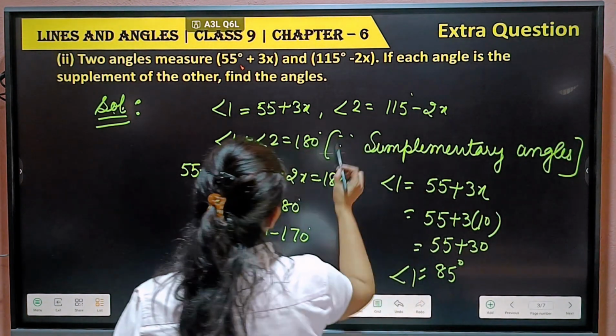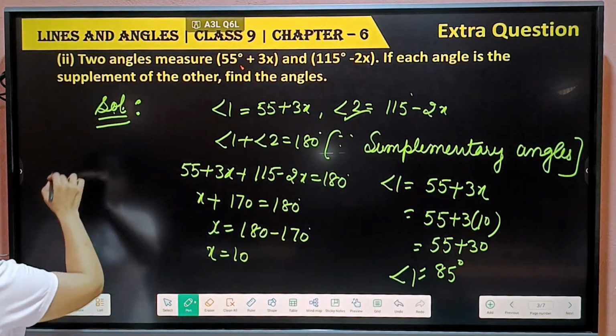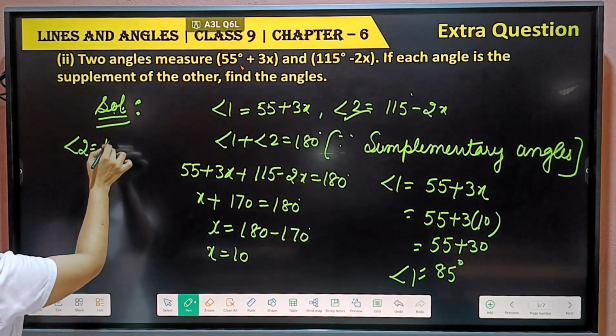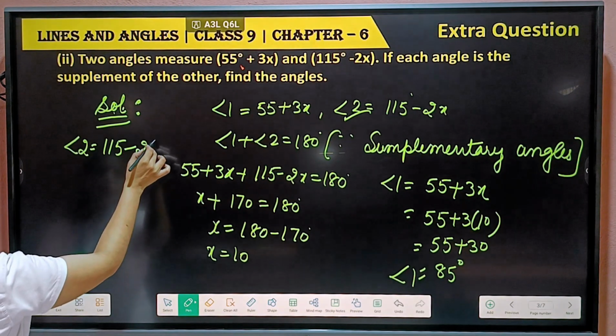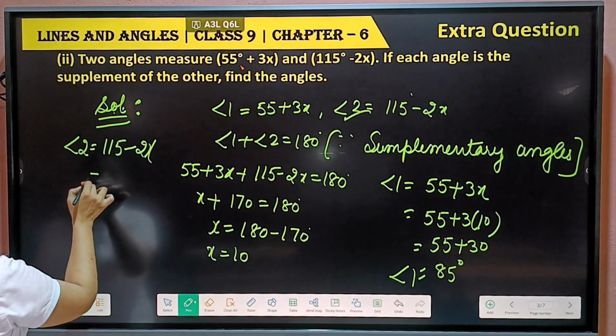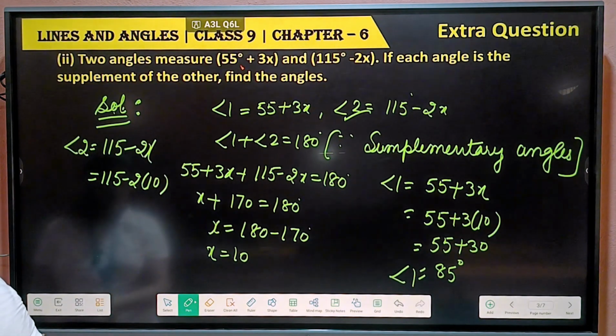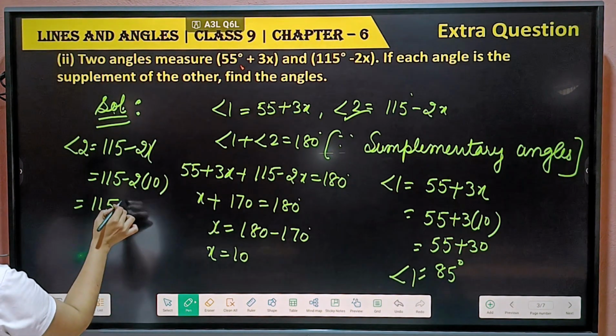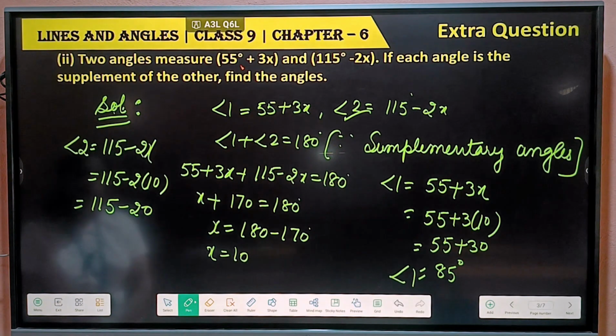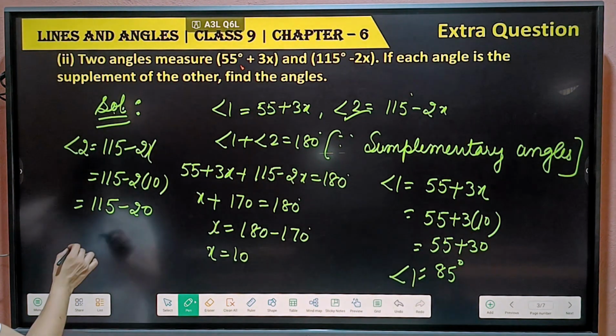And in the same way we will find angle 2. Angle 2 is equal to 115 minus 2x. Okay? 115 minus 2, x value is 10. 115 minus 20. Right? So what is left? 95.